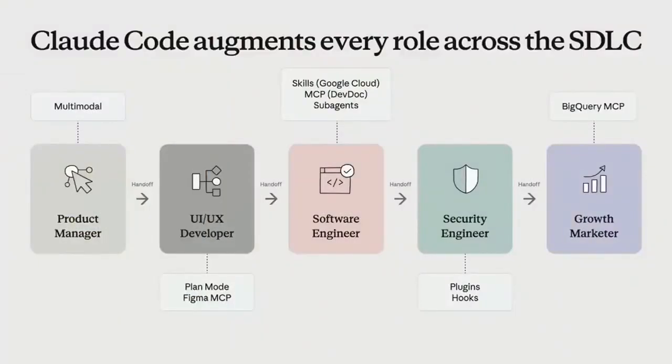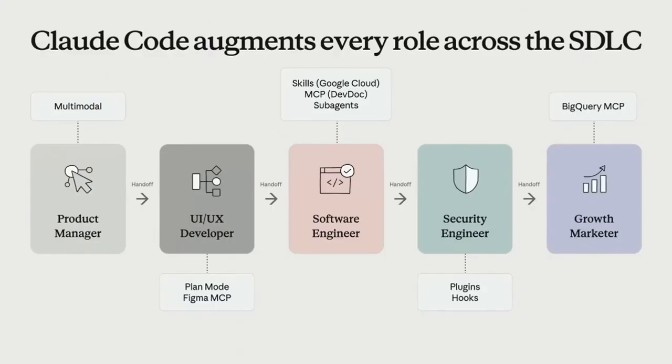So these are all the personas that, in a simple way, we can imagine are involved in the software development lifecycle. With respect to these personas, Claude Code, Anthropic's coding agent, augments all of them, providing several components that we are going to use today.